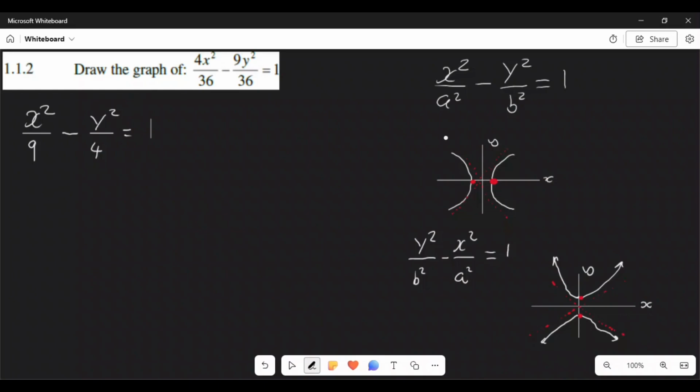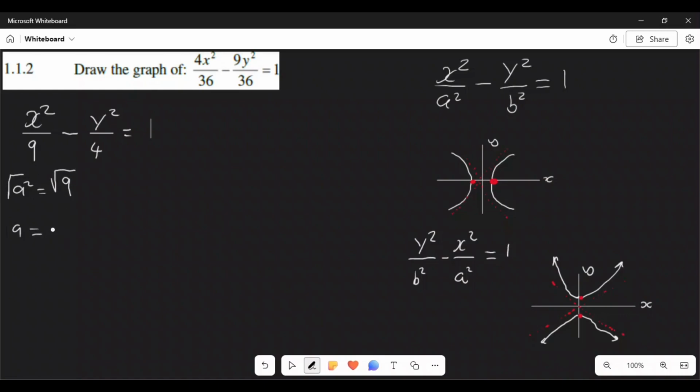Again, do not forget, same as our ellipse, x squared is divided by a squared and y squared is divided by b squared. So do not forget that. So here, our a squared is equal to 9. Now if you're looking for a, we have to square root both a squared and 9.